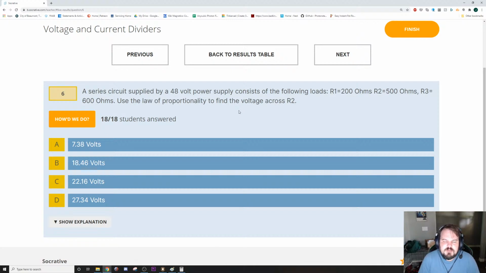Series circuit supplied by 48 volt power supply consists of the following loads. So it's a series circuit, 200 ohm, 500 ohm, and 600 ohm. Use the law of proportionality to find the voltage across R2. So, I'm going to draw this out.